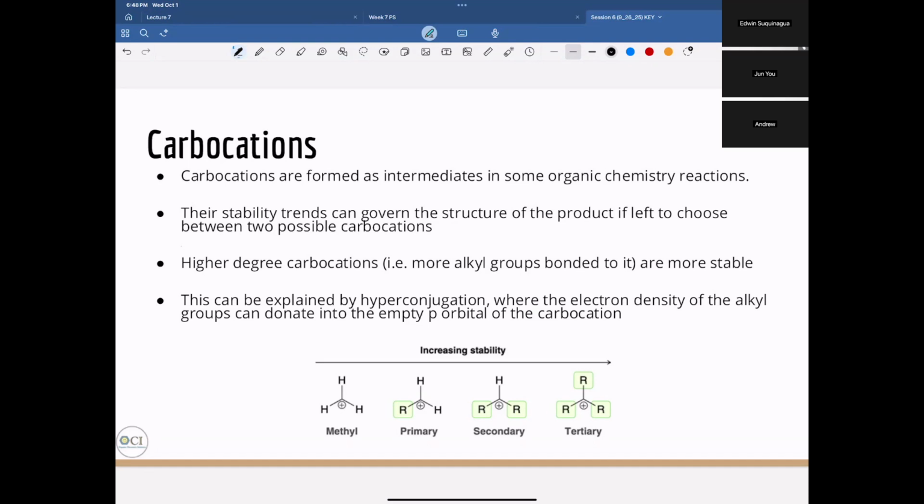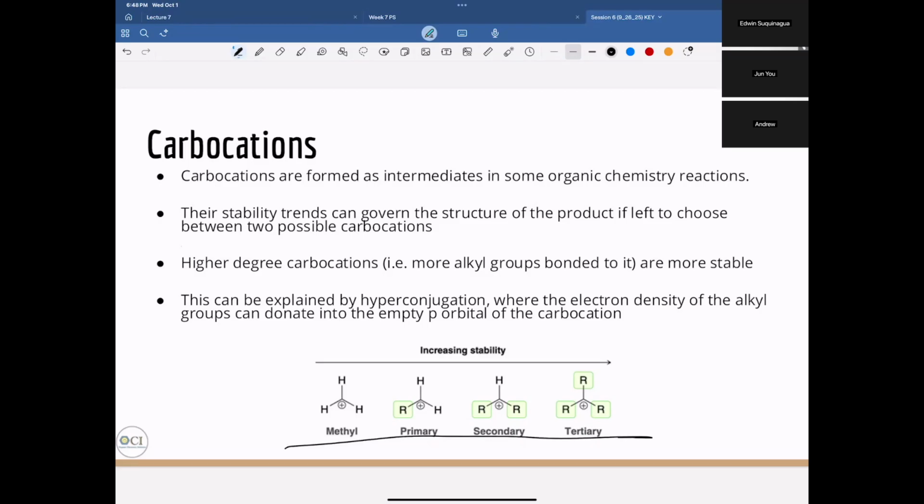And that can really affect the results of your reaction. So when we talk about carbocations, they can shift to other places based on the stability of them. And there's a trend that follows in determining the stability of a carbocation. And it's listed right here at the bottom.